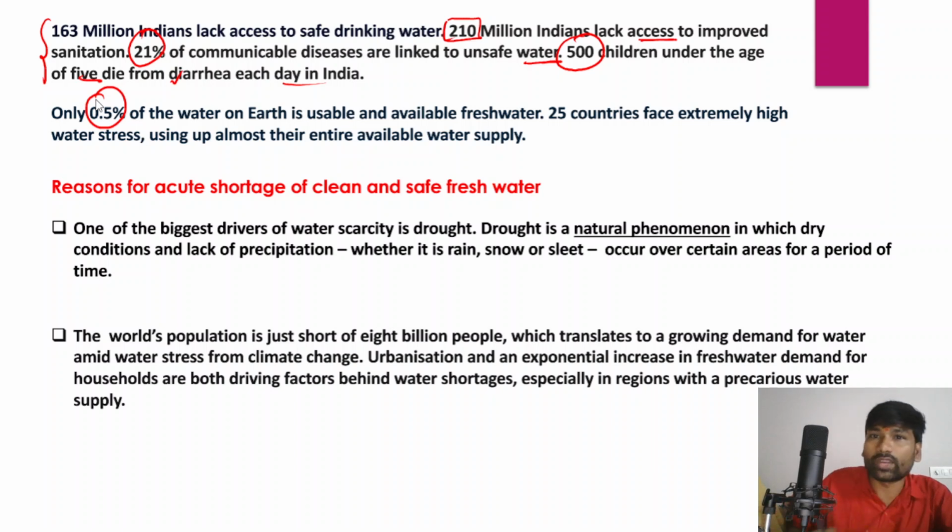However, 25 countries as of now have been facing extremely high water stress, particularly countries in South Asia and also Africa. And in fact, these 25 countries have used up almost all their available water supply or all their water resources, right?